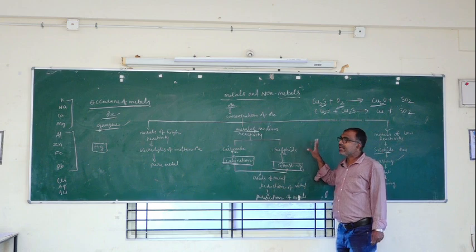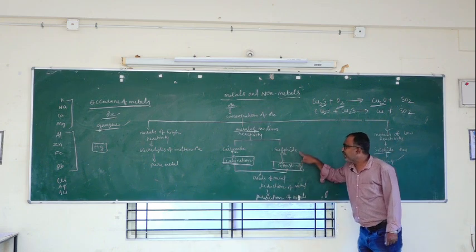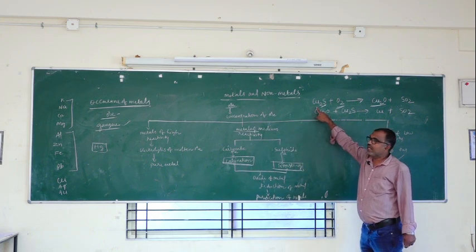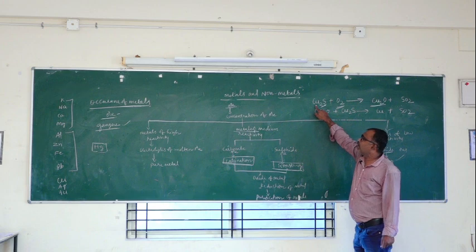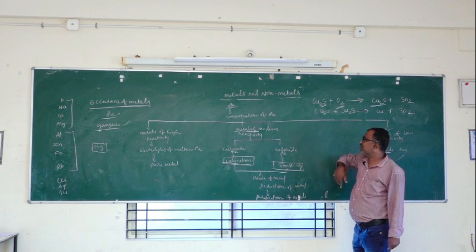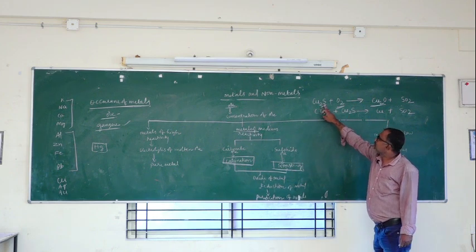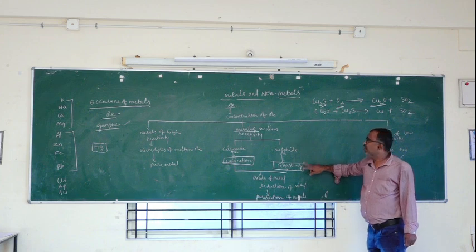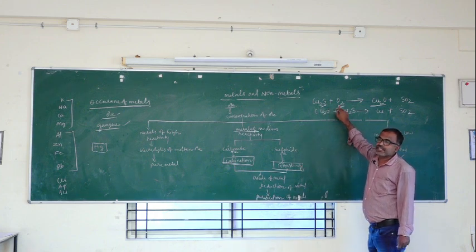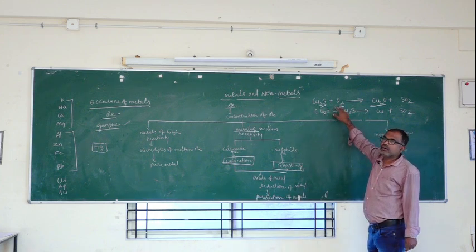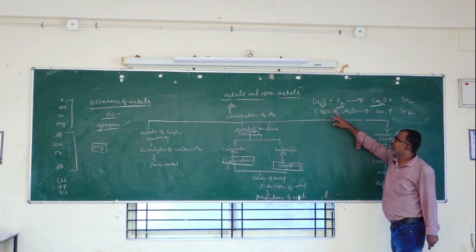For example, we have taken the sulfide ore. The sulfide ore is of copper. Chalcocite is the example for this sulfide ore, Cu2S. This is done by a method called roasting. That means in the presence of oxygen, we heat this ore.